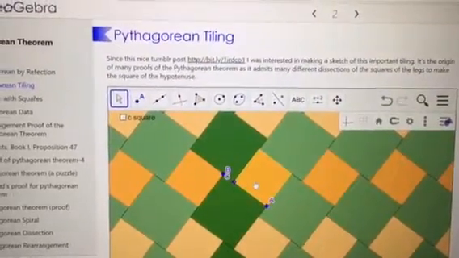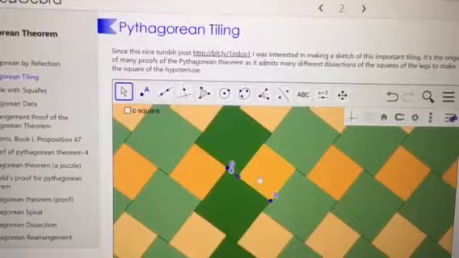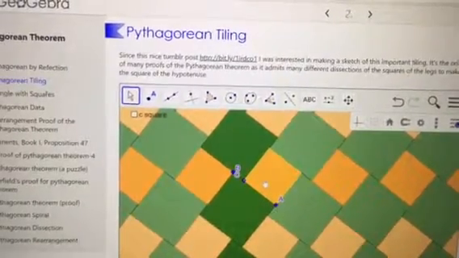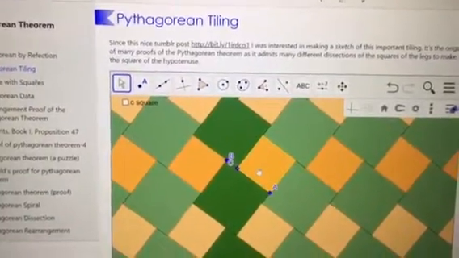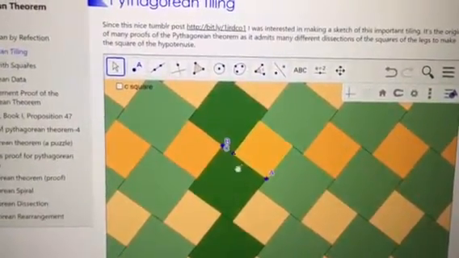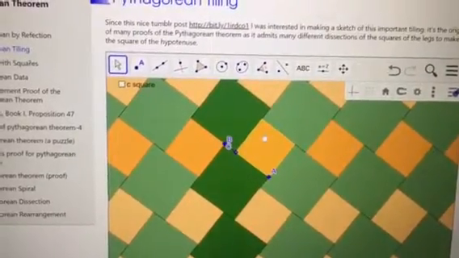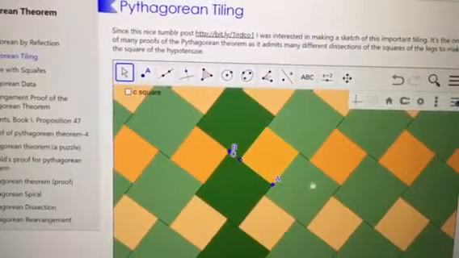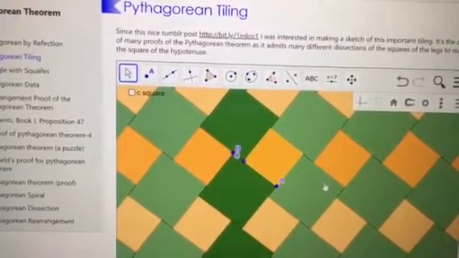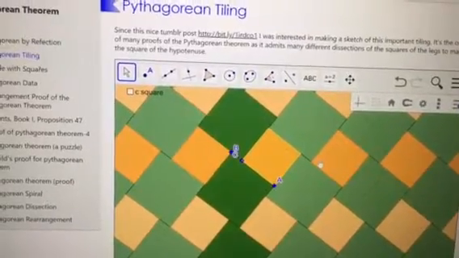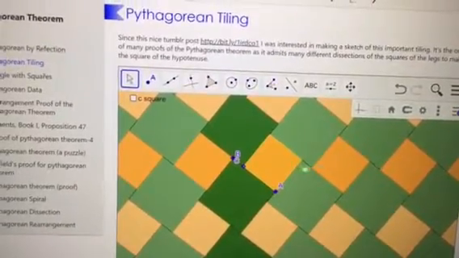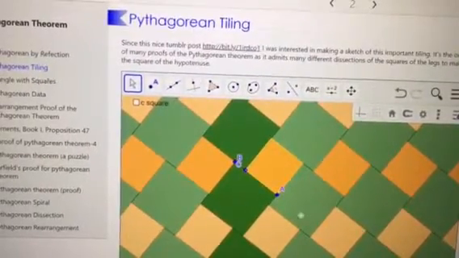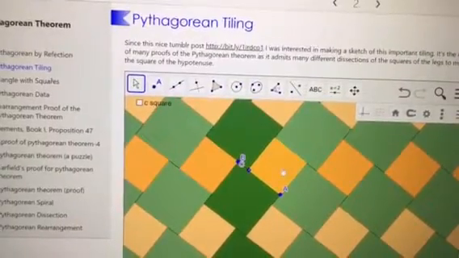And since we are using our example with the side lengths 4 inches and 3 inches and the hypotenuse 5 inches, let's imagine for this orange square that the side length is 3 inches, and for the bigger square, the green square, the side length is 4 inches. So we have a 4 by 4 and a 3 by 3.